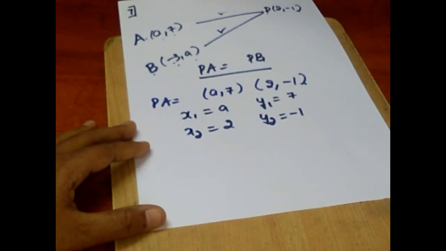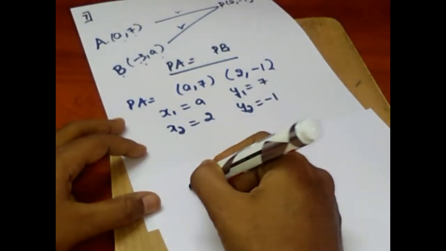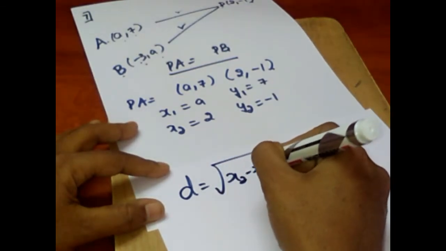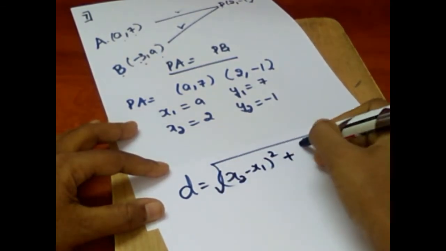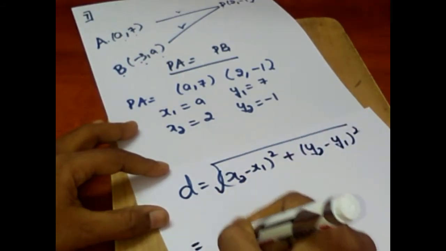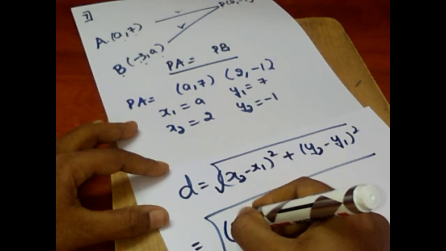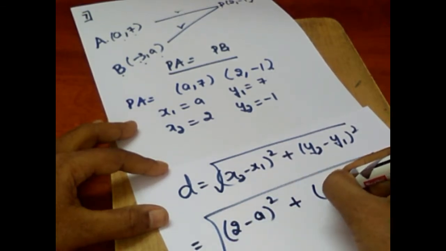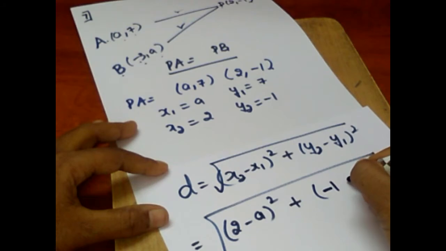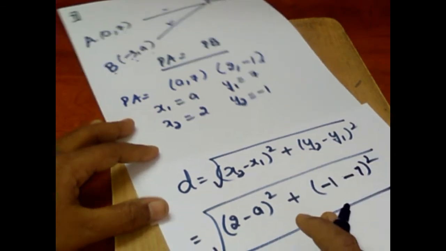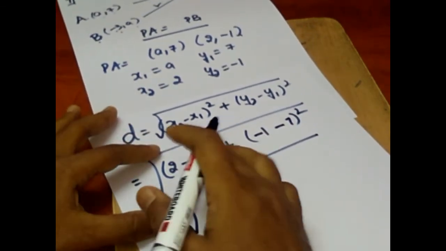D is equal to square root of (x2 minus x1) whole square plus (y2 minus y1) whole square. In this problem, x2 is 2, x1 is a. (2 minus a) whole square, y2 is minus 1, y1 is 7. So hence it is square root of (2 minus a) whole square.